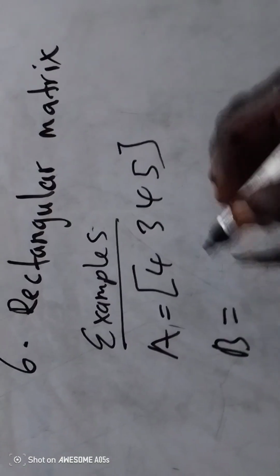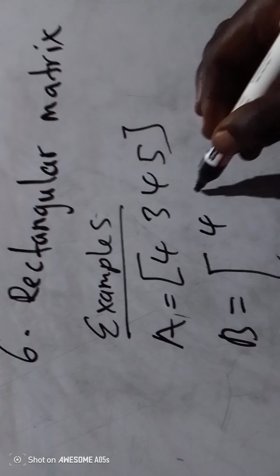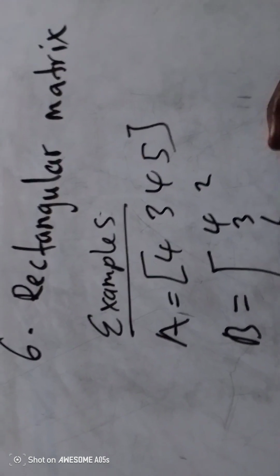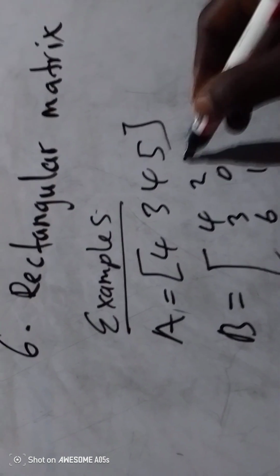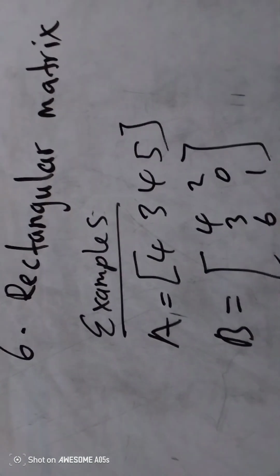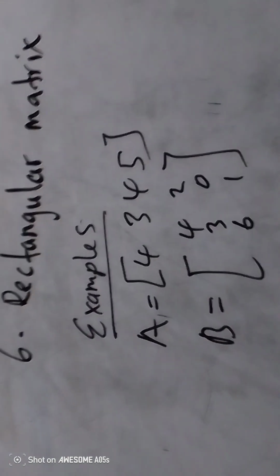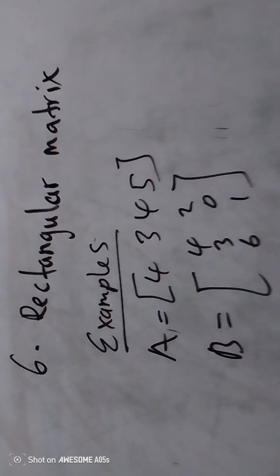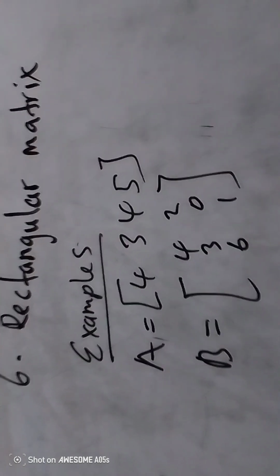So this is a rectangular matrix. We can have matrix B equals 4, 2, 3, 6. This is a rectangular matrix because the number of rows is 3 and the number of columns is 2. This one has got one row and 4 columns. So as long as the number of rows and columns differ, what we are having is a rectangular matrix.